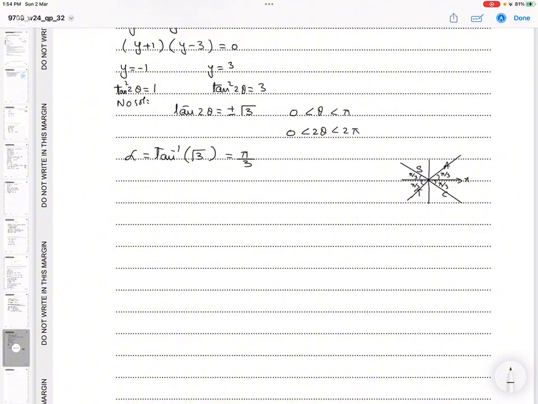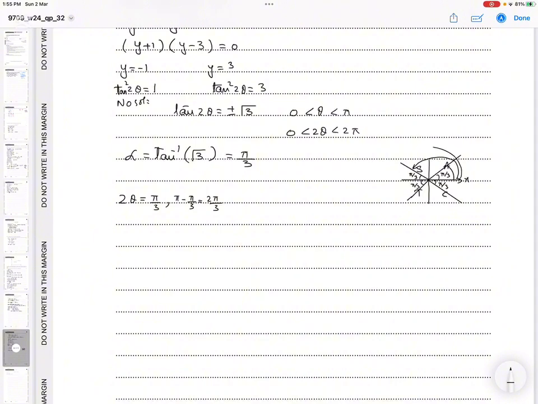So my first angle would be directly pi by 3, and I will use it with 2 theta, because my tan is not only theta, my tan is 2 theta. So 2 theta is equal to first my basic angle pi by 3, then the second angle is 180 minus pi by 3, and 180 is pi, so pi minus pi by 3, which is 2 pi by 3.